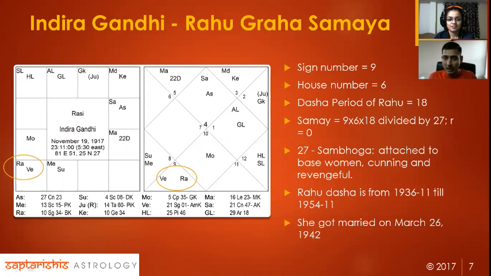And there are a lot of questions about the religion of Feroz. Even till date, there are controversies. People say Feroz was a Muslim. Then there is another set of people who say he was a Zoroastrian.